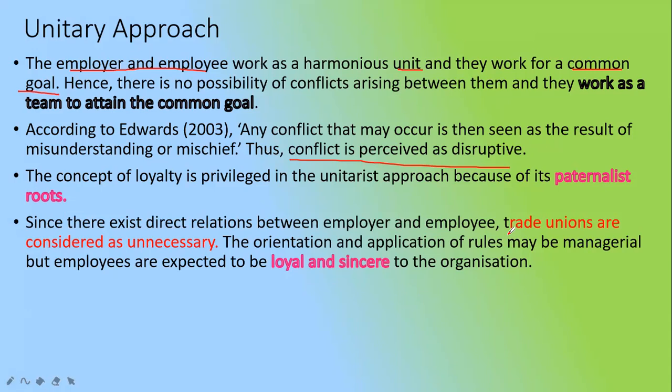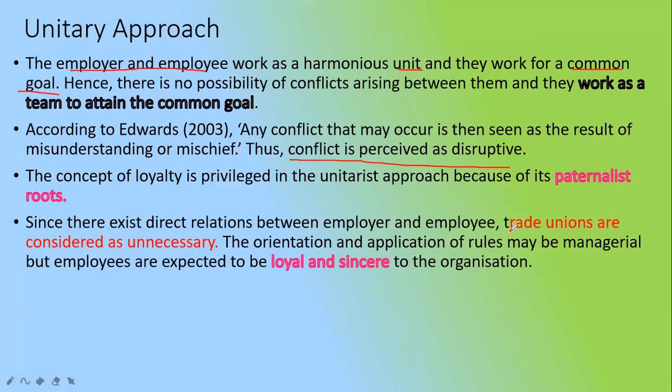If conflict comes, it is perceived as disruptive and it is not permanent. Conflicts are termed non-permanent malformations, because malformations are nothing but things that occur due to misunderstandings or mischief in the management. Since there exists a direct relation between employer and employee, trade unions are considered unnecessary in this approach.